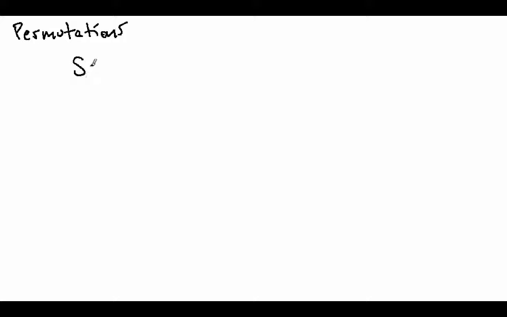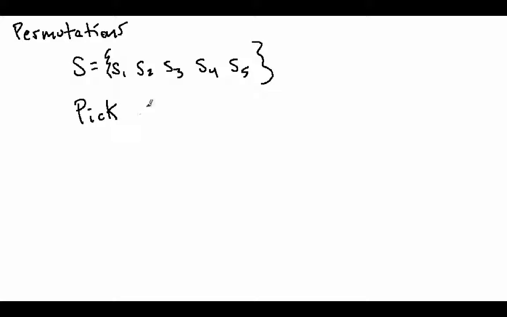So we have some set S, which is equal to {S1, S2, S3, S4, S5}, something like that. And I want to pick one element, and then pick a second element.